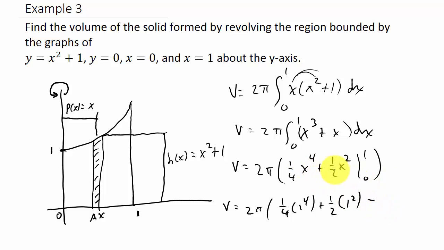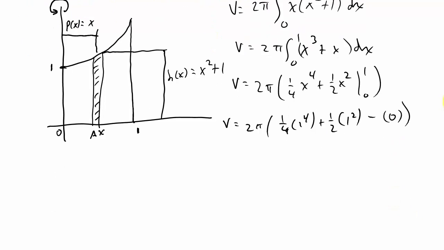But when I plug the 0 in, that's just all going to be 0. Okay, and so once you calculate all this, you end up with, I'm sorry, not 2 pi, you end up with 3 pi over 2. And there's our answer.